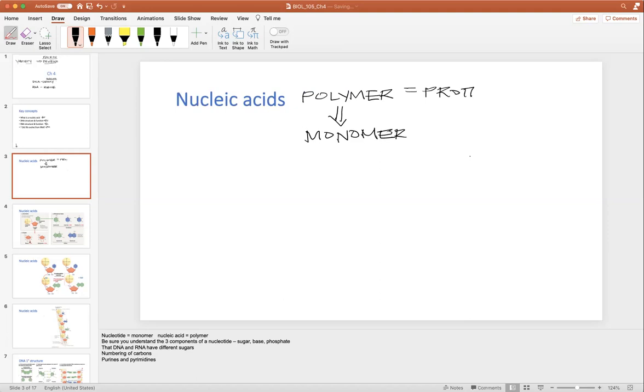And the monomer would be amino acids. I'm just going to put AA. But today we are not talking about proteins. Today we're talking about nucleic acids. So the polymer is going to be either DNA or RNA. And the monomer that we're going to be talking about that makes up these polymers are called nucleotides.